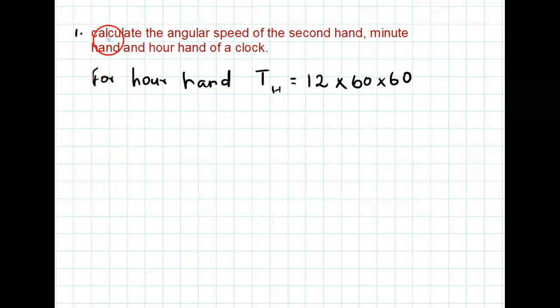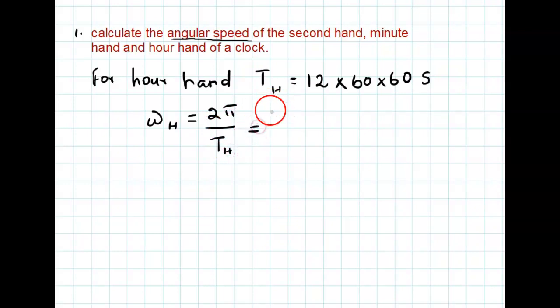The first problem: calculate the angular speed of the second, minute and hour hand of a clock. For the hour hand, the time period is here, and now we are going to find the angular speed. For the angular speed, the formula is omega for the hour hand equal to 2 pi divided by the time period for the hour hand.